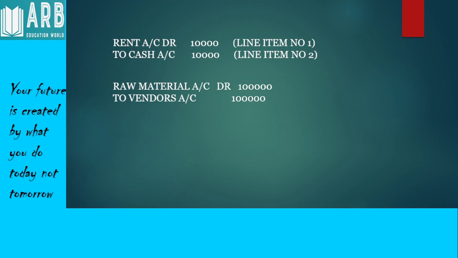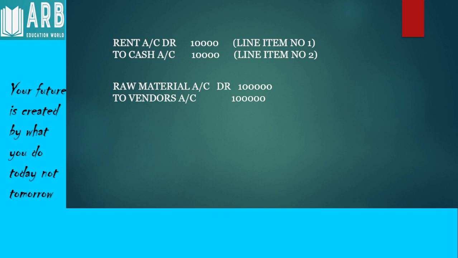See these examples. Rent account to cash account, raw material account to vendors account. The text field and business area fields are required for every account. The cost center field is required only for rent account, but not for other accounts.